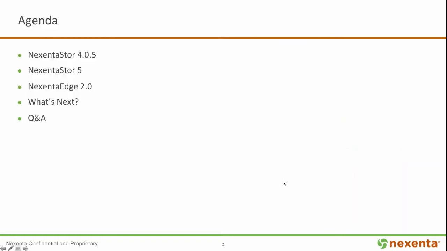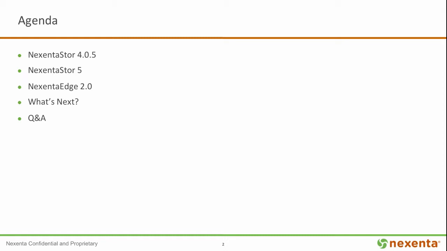All right. So here's our agenda for today. We're going to catch you guys up on the current version of Nexenta Store, both related to Nexenta Store 4.0 and Store 5. We're going to briefly update and give you a little bit of a preview around Nexenta Edge 2.0. Currently, Thomas, the release is Nexenta Edge 1.1, right?